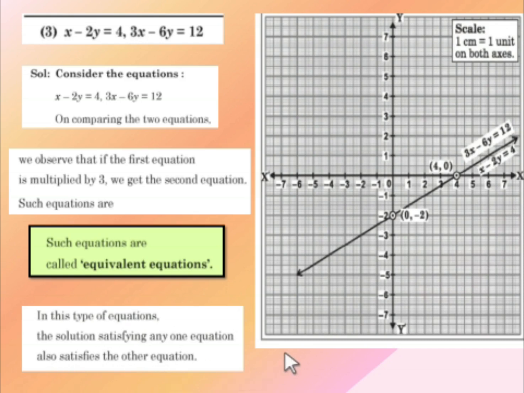Again, mathematical interpretation from here. The lines which we are drawing, in both cases, coincide. So, a linear equation in two variables has infinite solutions. This is something we have to understand, and they are called equivalent.